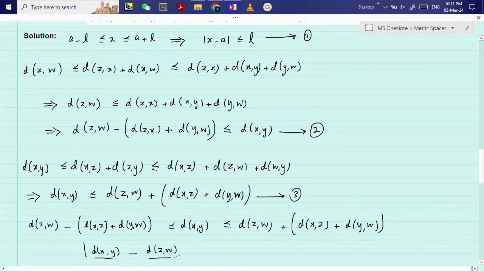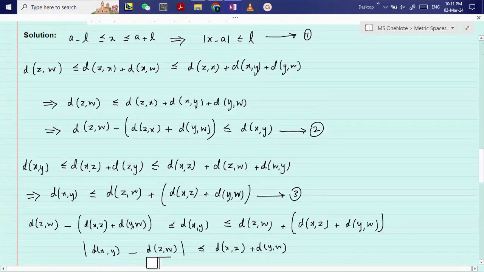So |x - a| is less than or equal to L. And what is L? L is d(x,z) + d(y,w). So this is our required inequality.